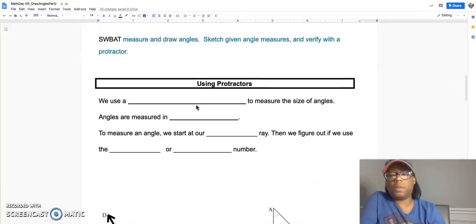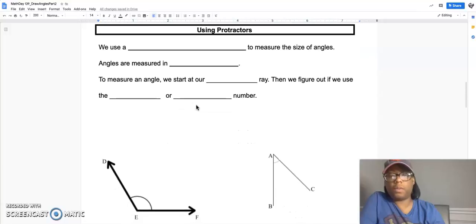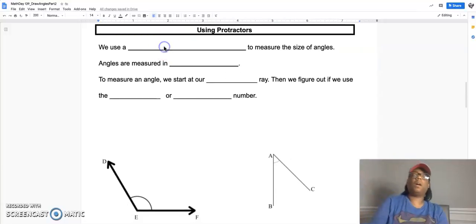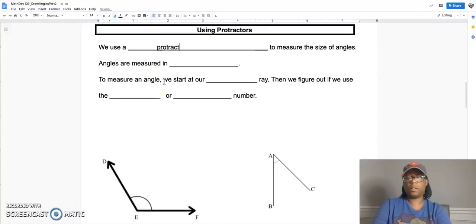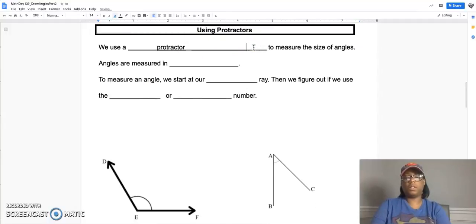Today, Kipsters will be able to measure and draw angles. You're also going to be able to sketch a given angle measurement and verify that with a protractor. Now, when we are using protractors, we use a protractor to measure the size of angles.